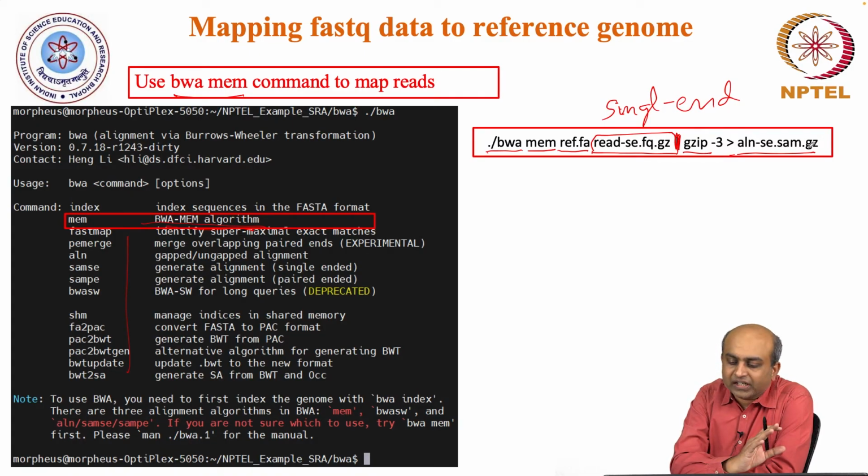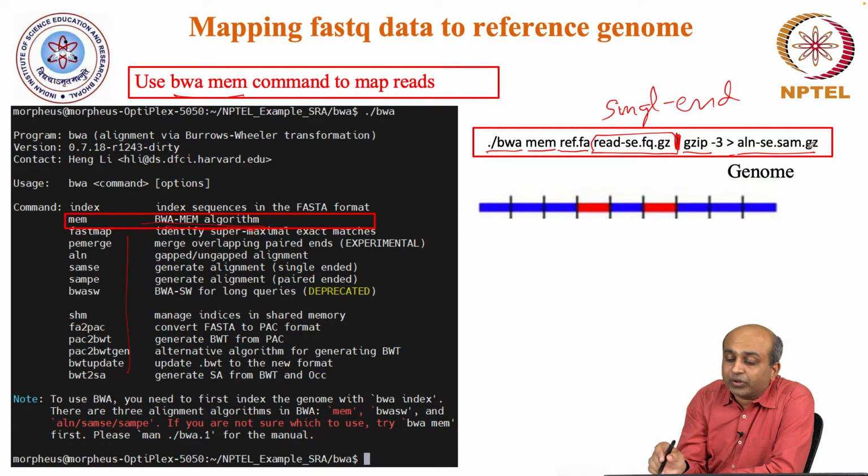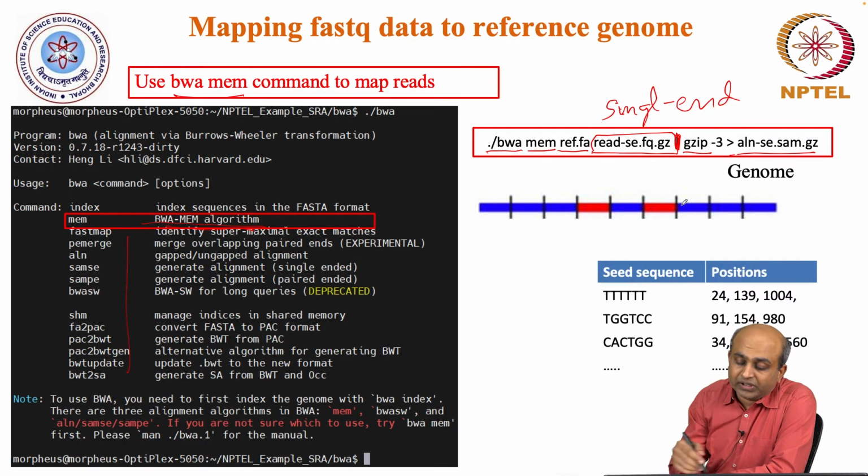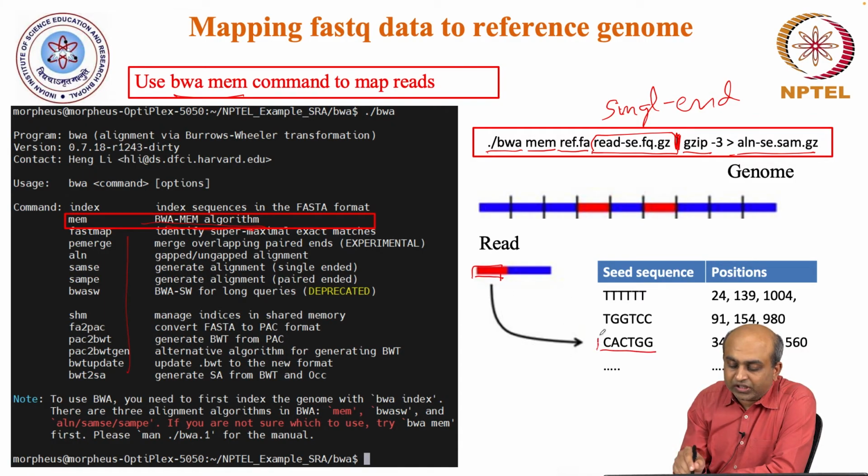But what exactly is happening? So we already saw that you had your genome, you identified where specific k-mers are occurring, and you built this dictionary which has a list of all these positions. So now once you have a read, if the same k-mer is occurring in the read, you see okay, this particular k-mer is present here in the dictionary and it is occurring at these positions. So one of these positions is where this read should get mapped.